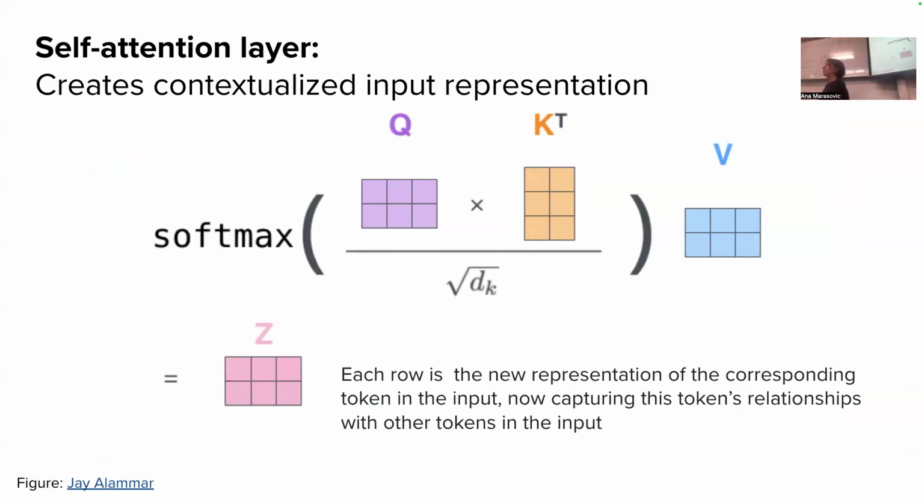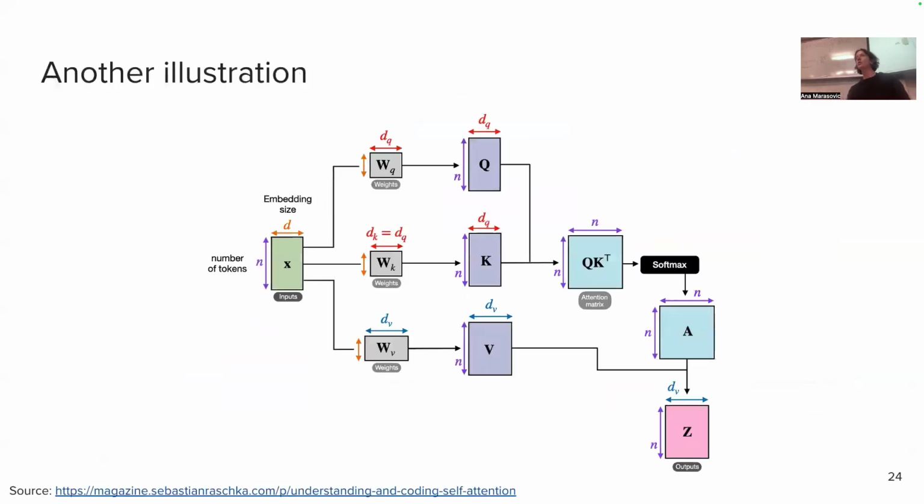And then we produce this new contextualized representation for each one of our tokens by multiplying the attention matrix with the value matrix to produce what we just called Z. In Z, each row will be the new representation of the corresponding token in the input, but now it's contextualized.